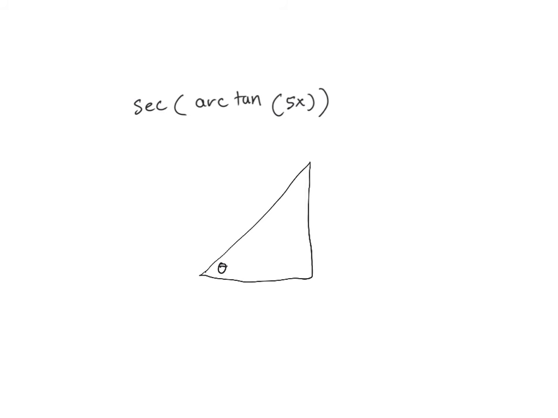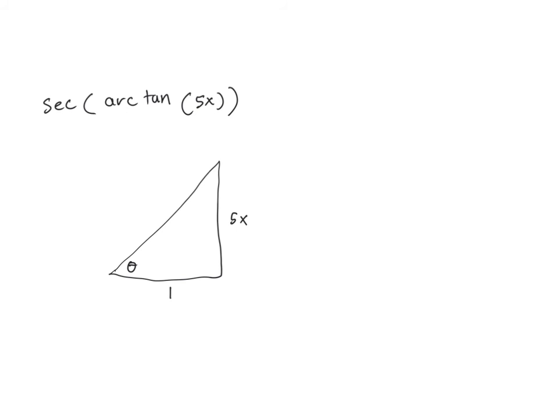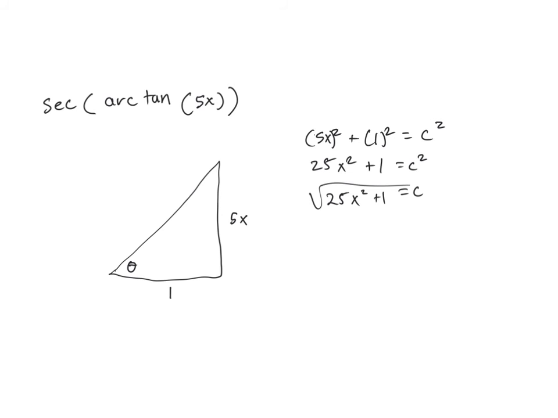The arctangent of 5x means our tangent is opposite, which is 5x, over 1. I've got to find the hypotenuse. So that is 5x squared plus 1 squared equals c squared for Pythagorean. So this is 25x squared plus 1 equals c squared. C is then the square root of all that, 25x squared plus 1.